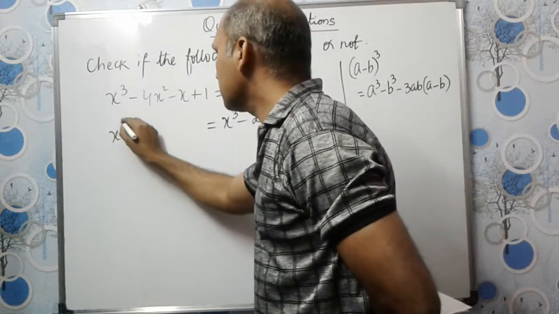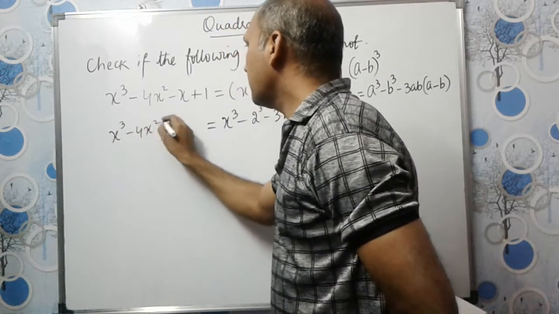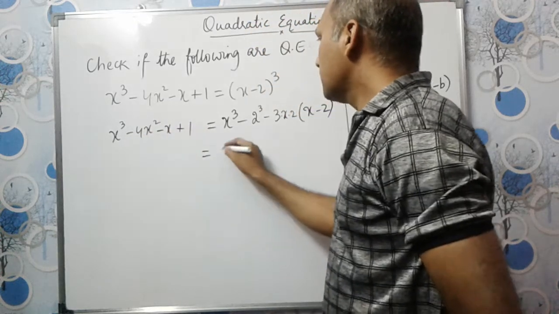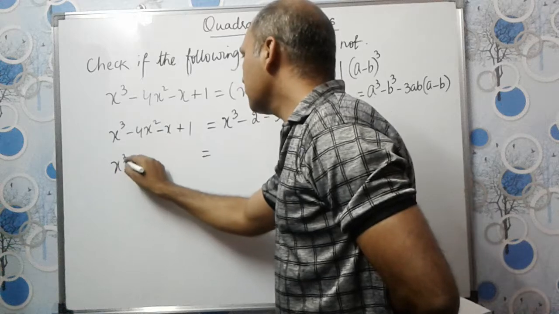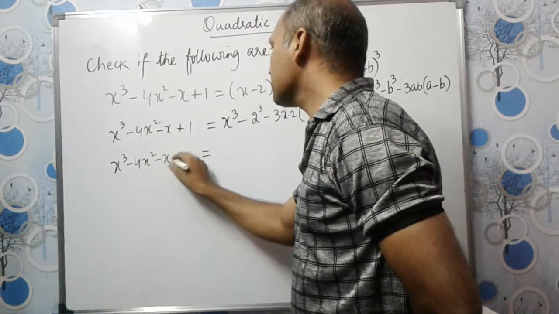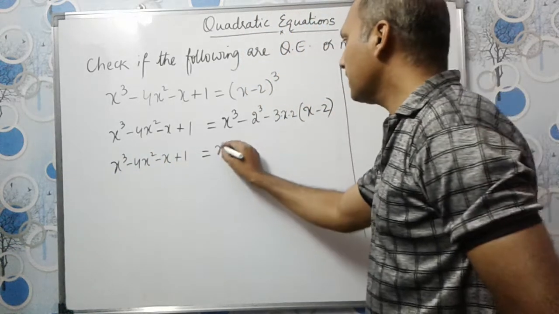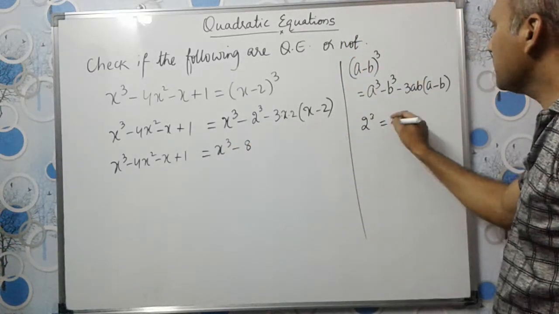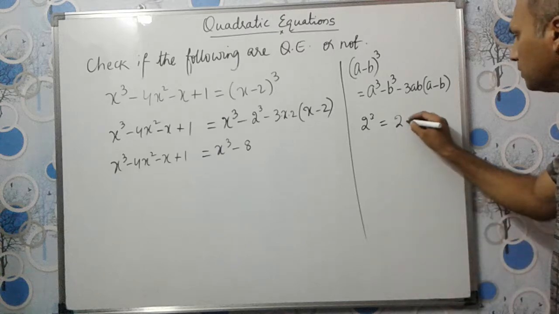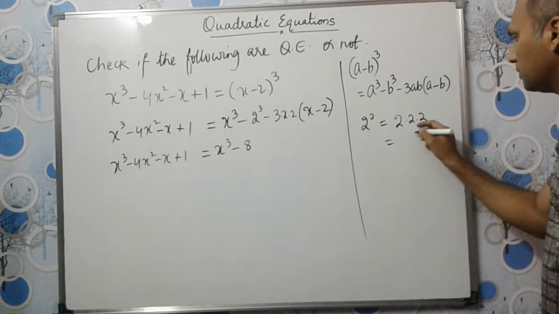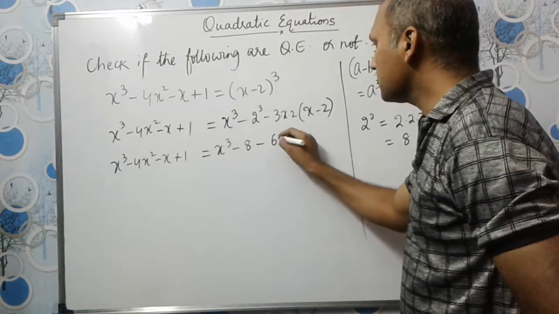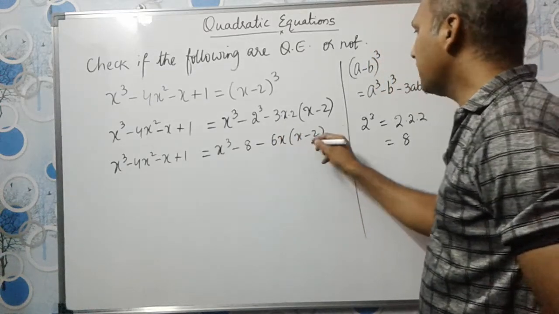What is LHS? x cube minus 4x square minus x plus 1. Let us simplify this. X cube minus 2 cube. See, 2 cube is not 2 into 3. It is 2 into 2 into 2. 2 2s are 4, 4 2s is 8. So we wrote 8 minus 3 2s are 6. 6x multiplied by x minus 2.